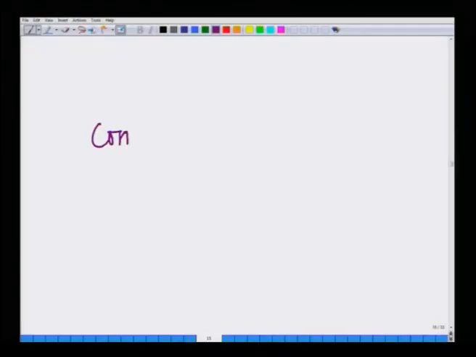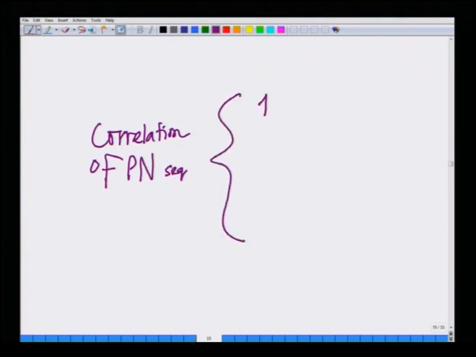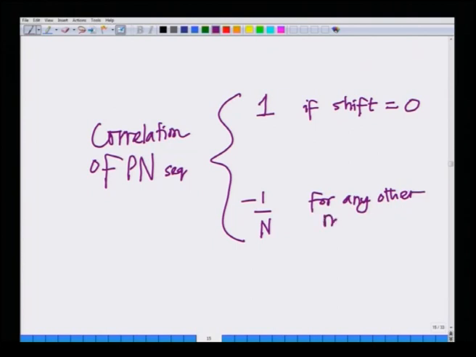Correlation of PN sequence is 1 if the shift equals 0, it is minus 1 over n for any other non-zero shift, for any other non-zero shift, the correlation falls down to minus 1 over n.